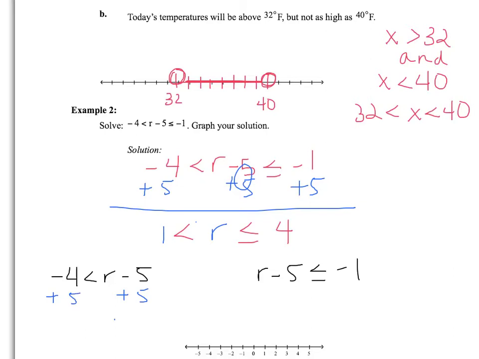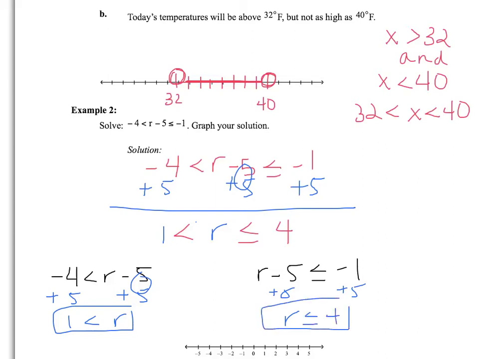So I get 1 is less than r. Over here, if I add 5 to both sides, I get r is less than or equal to 4. Again, I get the same thing, but in this way I write the word "and," and in the other one, it's all together.